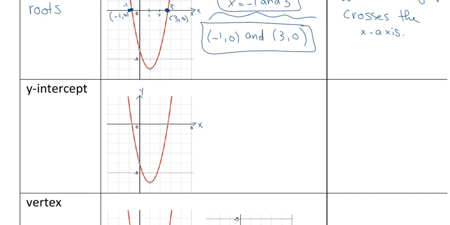Let's say you have a graph and the graph is way over here. You don't see that it's crossing the y-axis, but it will. As it goes up, it will cross it. But I won't be asking you questions where you don't see the y-intercept and I ask you for it. Okay? So your y-intercept is right here.